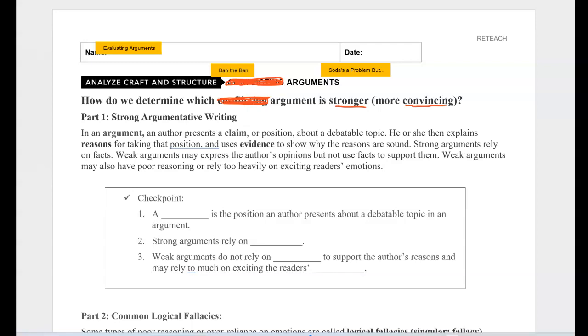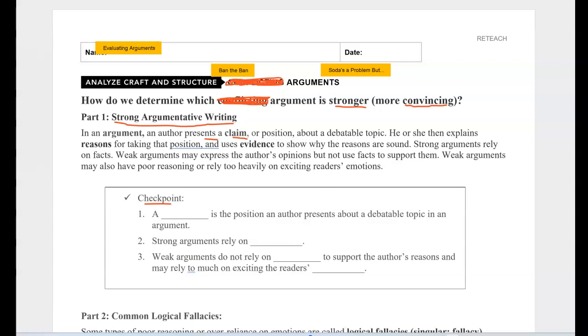Like I said, I take the information from your book, I break it into parts, and then I give you an opportunity to look for the most important part in that information. So your first part is strong argumentative writing. In an argument, an author presents a claim or position about a debatable topic.